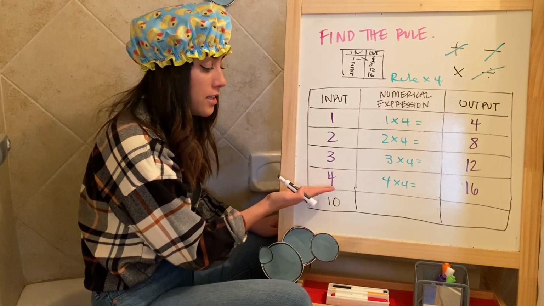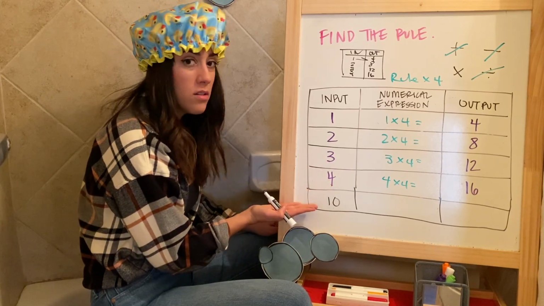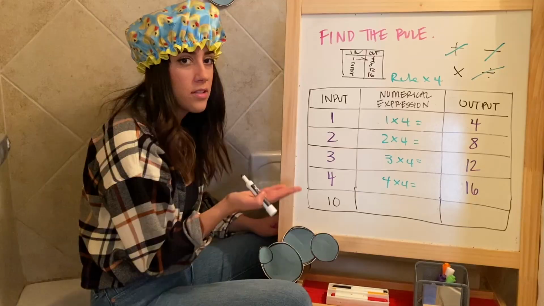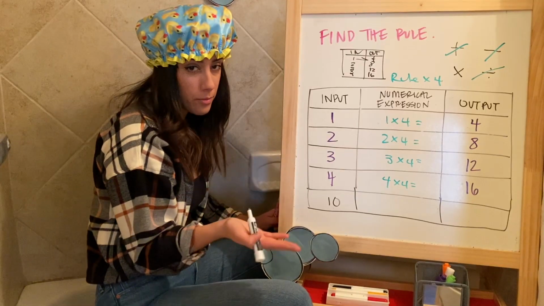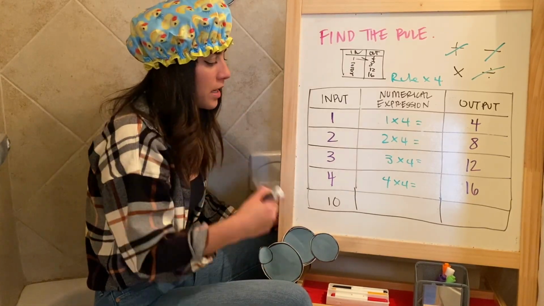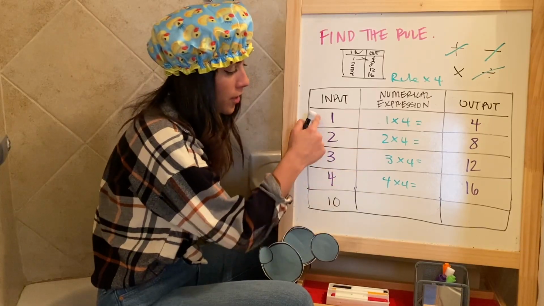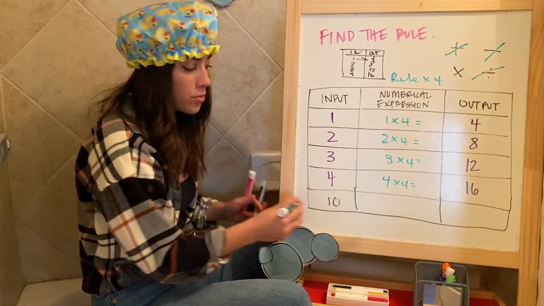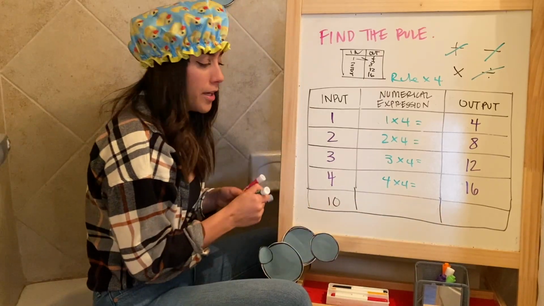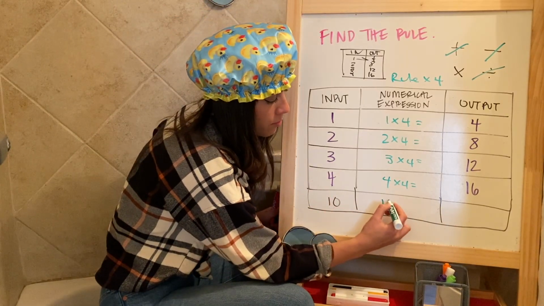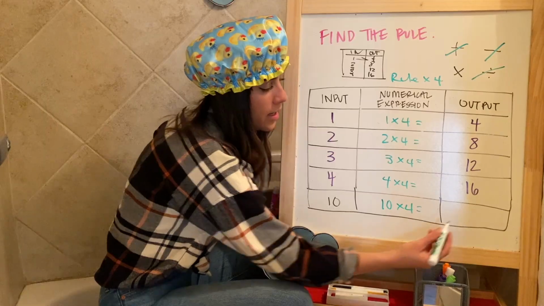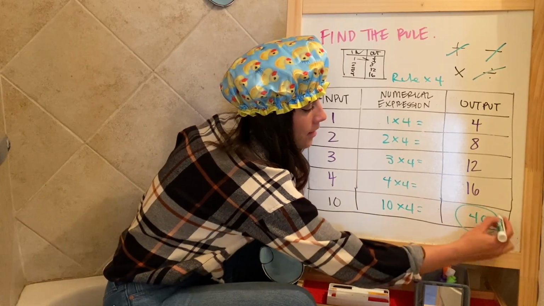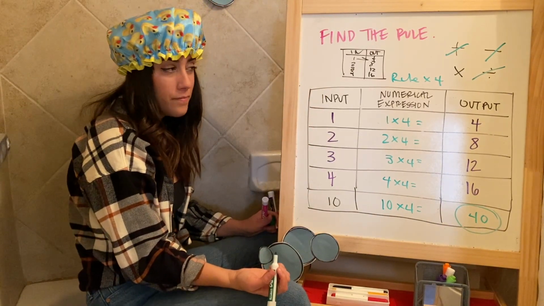So you can continue creating more numbers. Sure, you can go 5, 6, 7, 8, 9, 10 if that's helpful. Or because you figured out the rule, it allows you to place the same rule here to get that output. So following the same rule, 10 times 4 equals 40. My answer is 40, right?